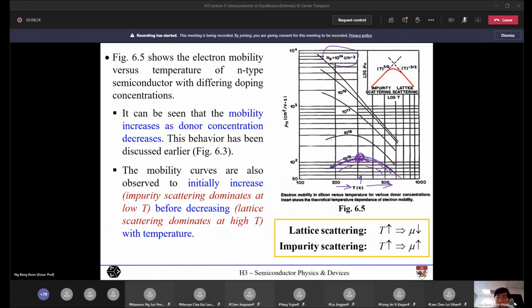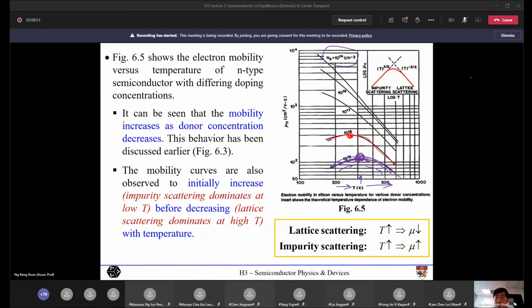If you go to lower doping, like this one here, you find that this maximum point shifts towards the left, because the doping is not so high, so as you increase the temperature, it peaks quite quickly. After that, the lattice scattering dominates and it goes down.